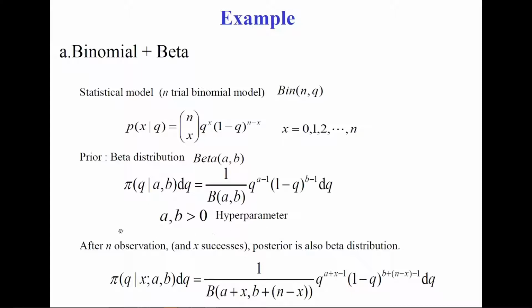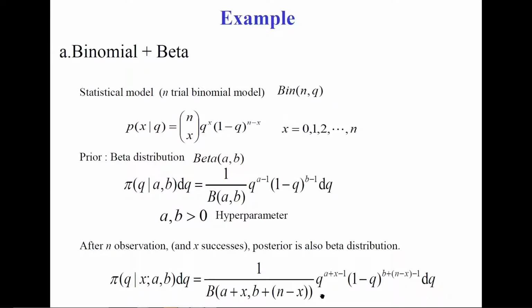Using this beta distribution as a prior distribution, we obtain the conditional probability of q after X observations, which is the posterior distribution, and it becomes again a beta distribution.